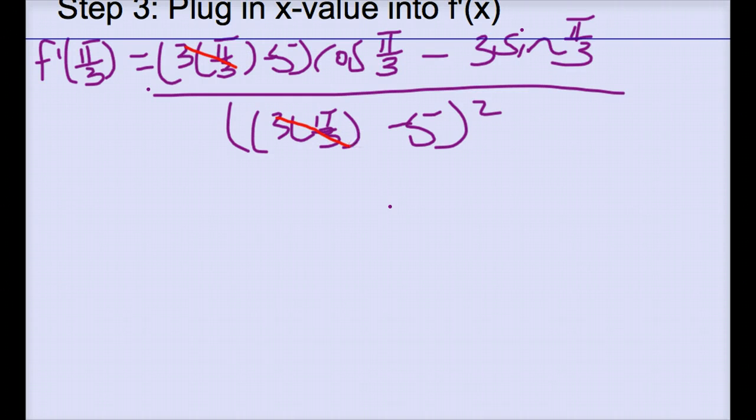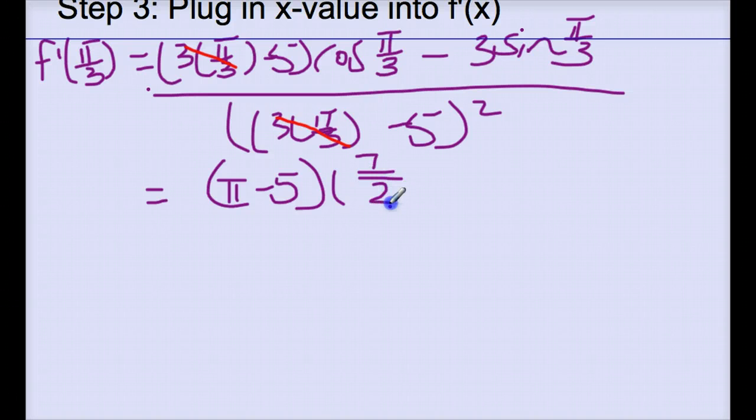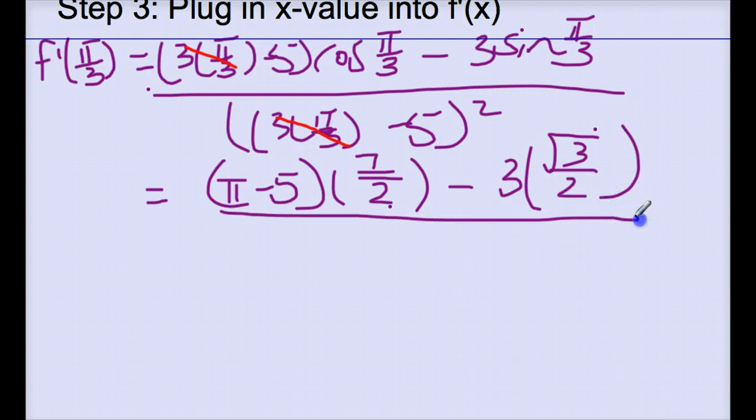Simplifying, this is equal to pi minus 5 times cosine of pi over 3, which is 1/2, minus 3 times sine of pi over 3, which we know is square root of 3 all over 2, divided by pi minus 5 squared.